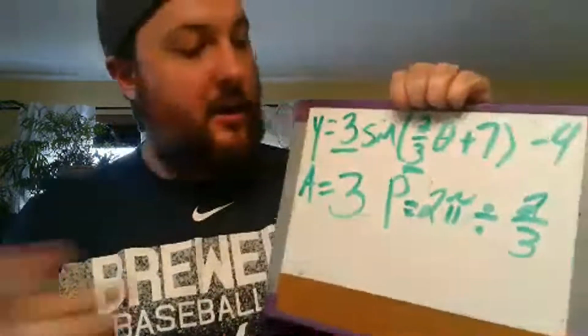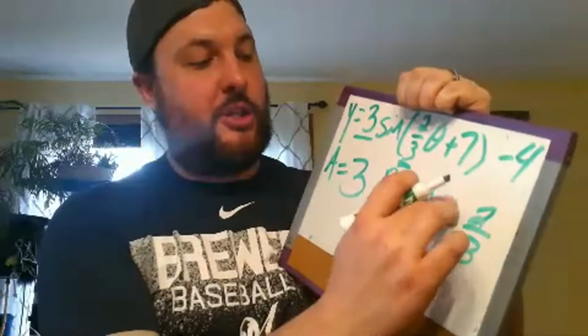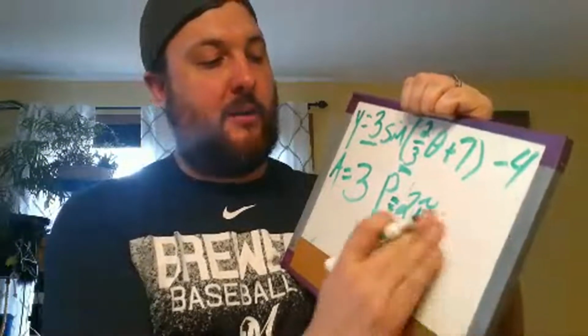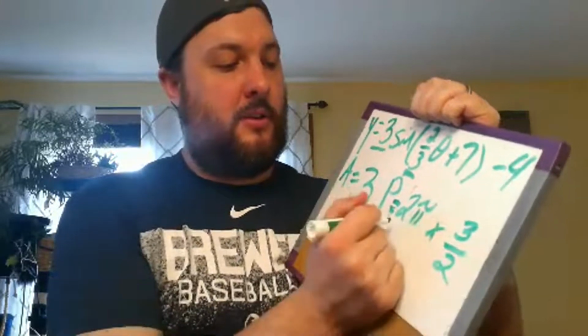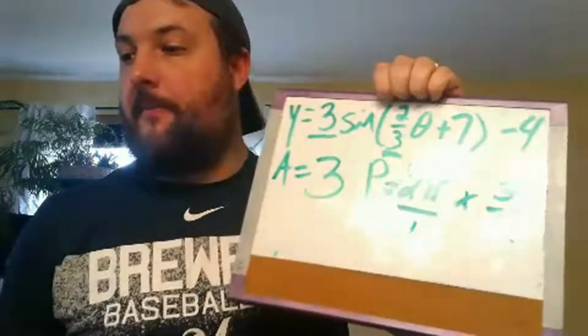When I divide fractions, I change it to multiplication and flip the second one. So I'm going to change this to times 3/2, and I'm going to put that 2 pi over 1.